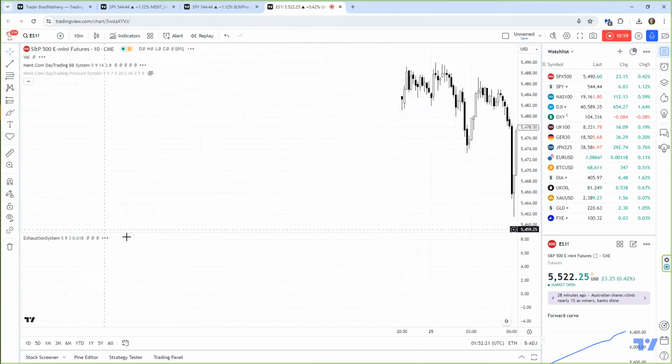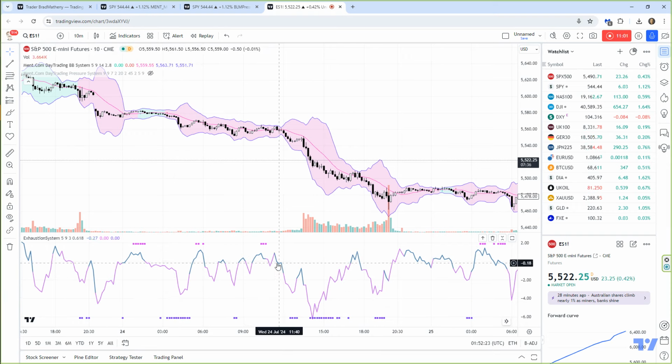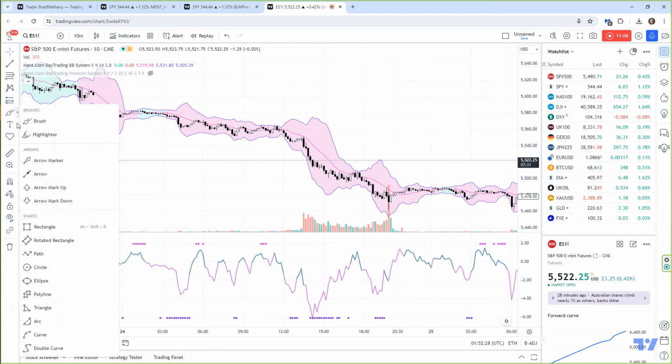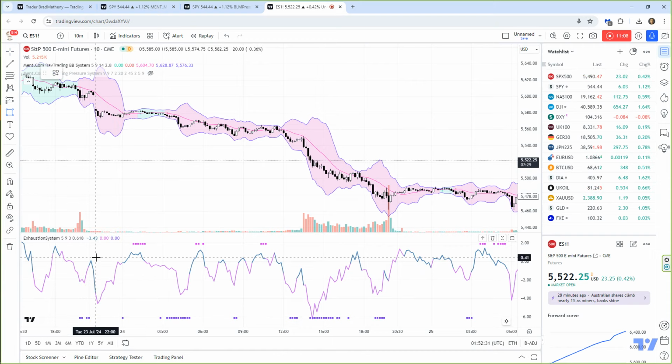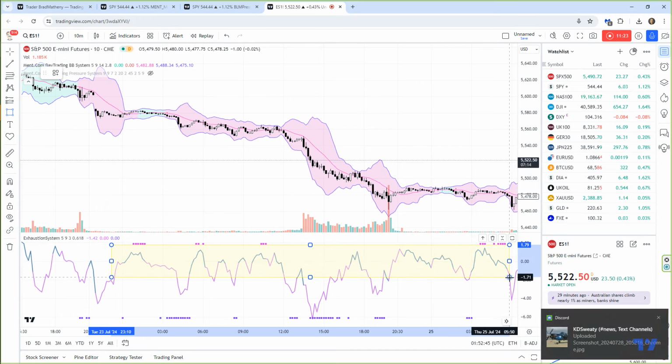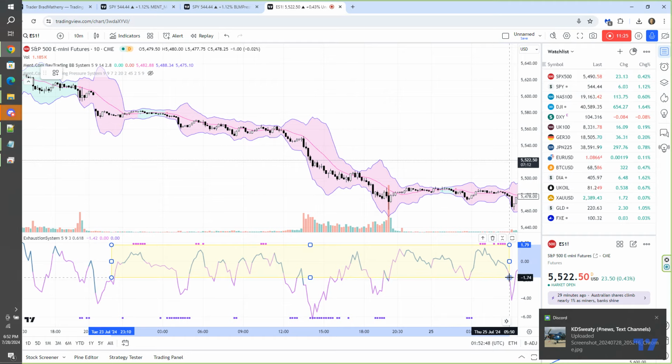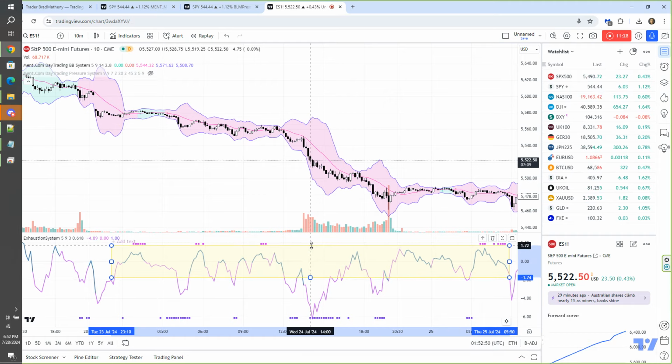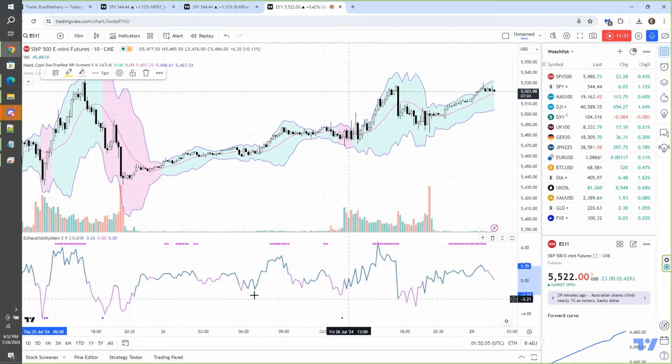I'm going to clear these lines again. Depending on how you're using this, let's go to 10-minute, and you're going to see the choppiness area in a 10-minute is probably going to be more along the lines of roughly 2 down to maybe -2. So we're going to be looking at negative 1.074, roughly there, folks.